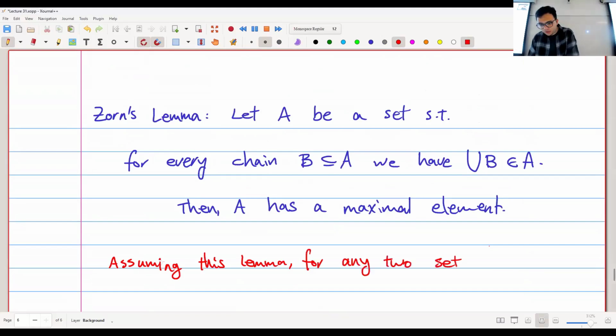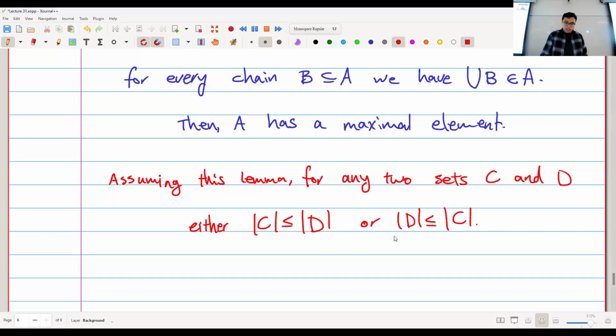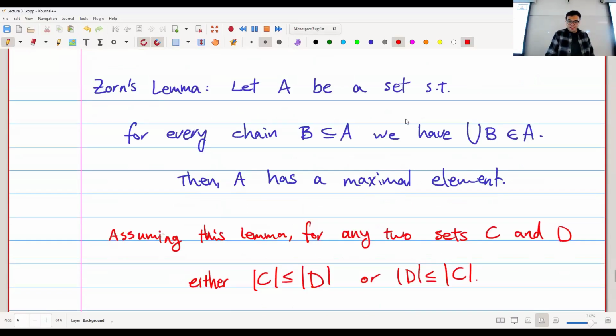So let's say for any two sets C and D, either C has a one-to-one function to D, so the size of C is less than the size of D, or D has a one-to-one function to C. Okay, what should I do here? I should create a set of sets, and I should somehow have some chains there, right? So that I can talk about a maximal element.